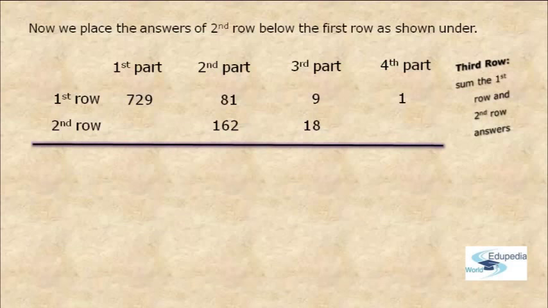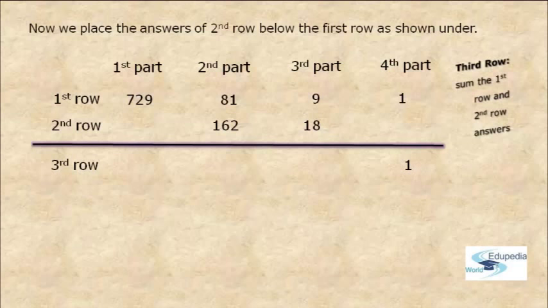Now moving to the third row, we have to sum the answers of the first row with the answers of the second row. Let us start doing addition. In the fourth part, we don't have any other numbers to add up, so we write 1 as it is in the answer. Moving to the third part, we have two numbers, that is 9 and 18.